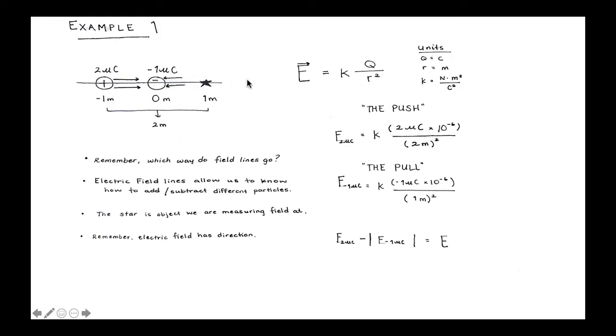This positive charge pushing, this negative charge pulling. So if I subtract the negative, then I will actually be creating a greater electric force, or electric field, excuse me. So what I'm going to do, I am going to subtract this absolute value from this electric field value, as you can see here, and that's what would be felt there.